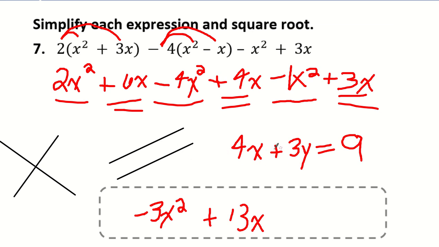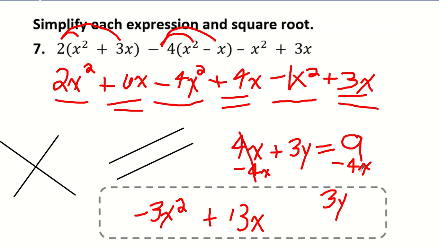Now, you're not going to know what the slope of this line is until you put it into slope-intercept form. In other words, solve for y. Start by subtracting the 4x to the other side. And so that leaves 3y over here on the left.